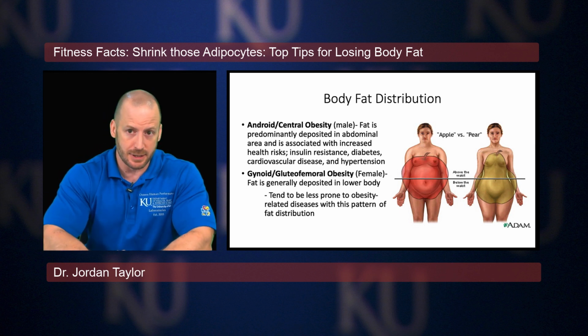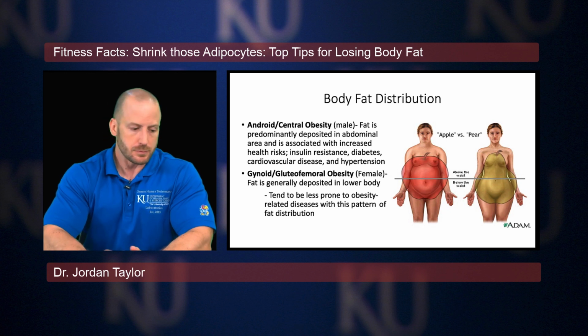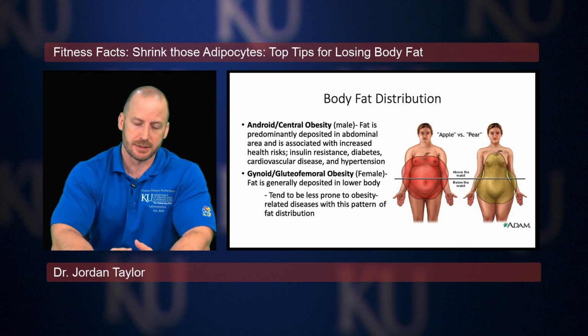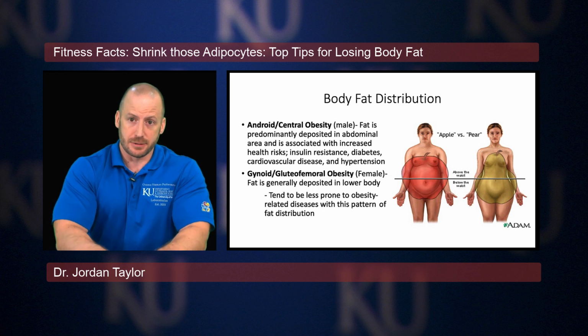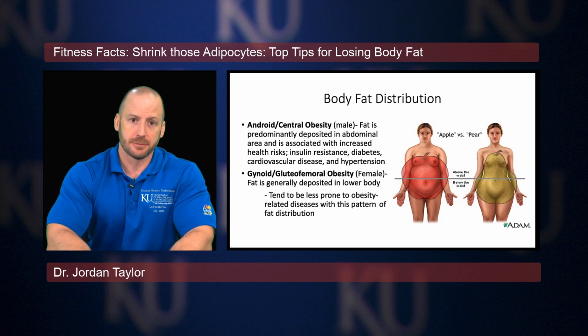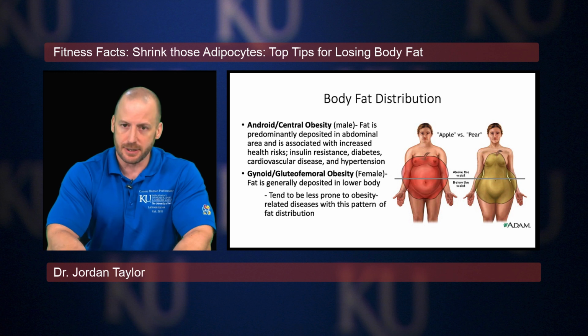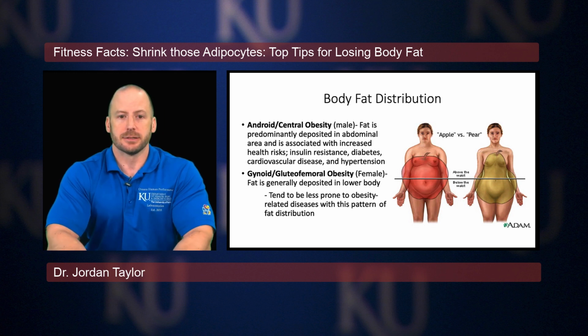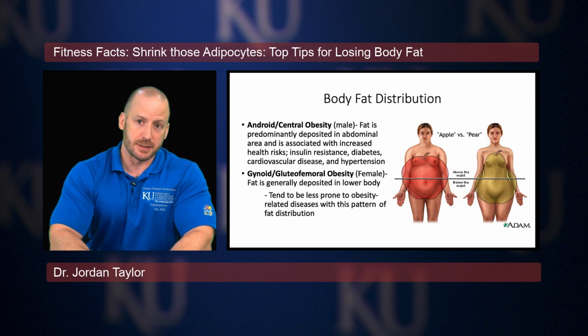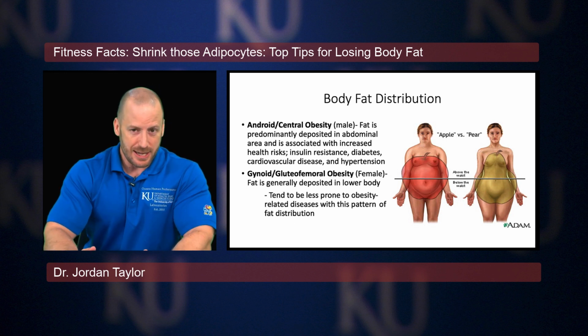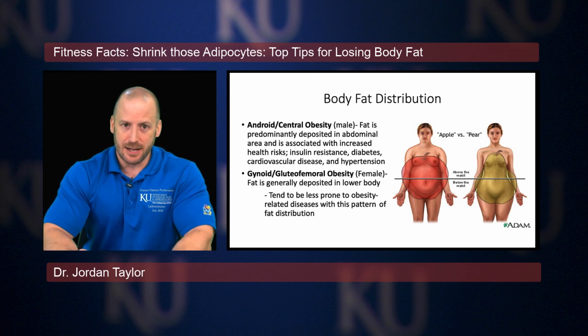Now, the interesting thing is when females hit menopause, prior to menopause, you tend to have a fat distribution like what's shown in the picture here, right? Fat is deposited around the hips, thighs, legs, lower body. After menopause, as estrogen levels drop, hormones change. Unfortunately, now you tend to start depositing more fat around the abdomen, okay?